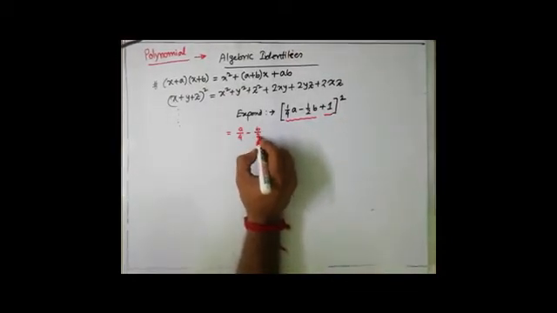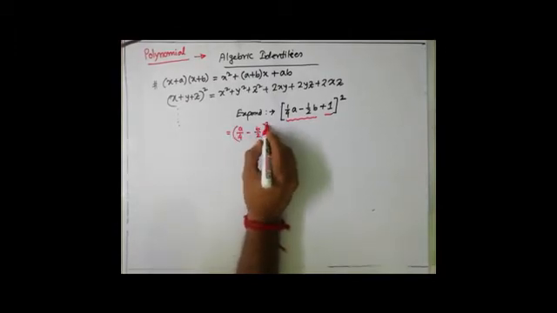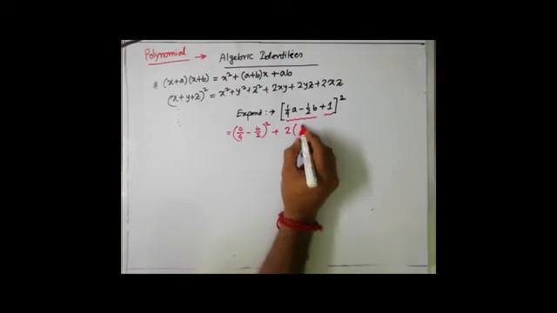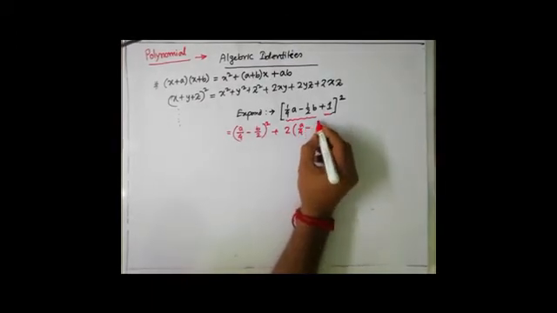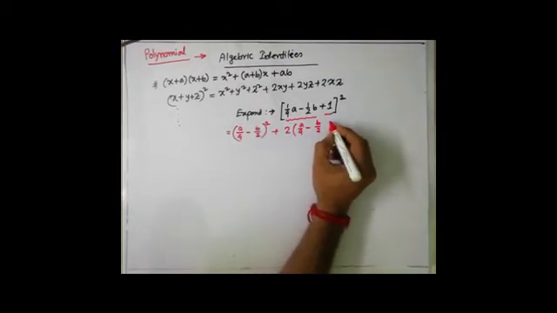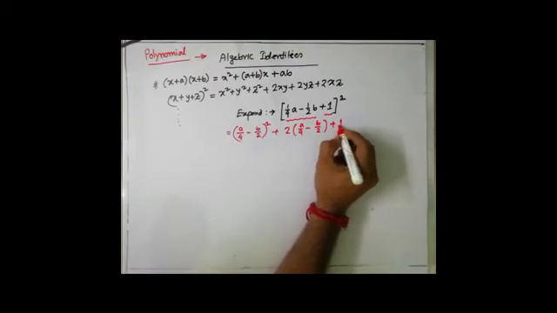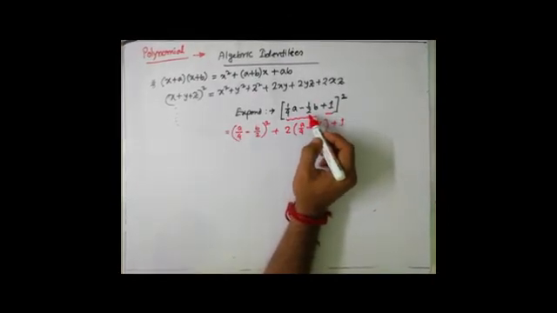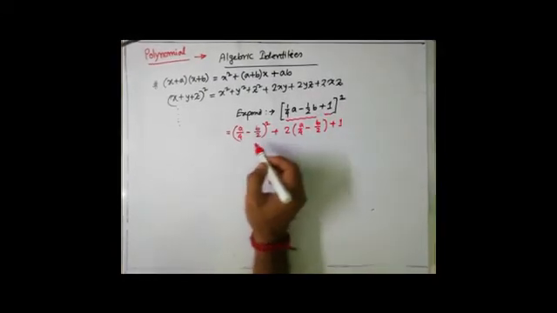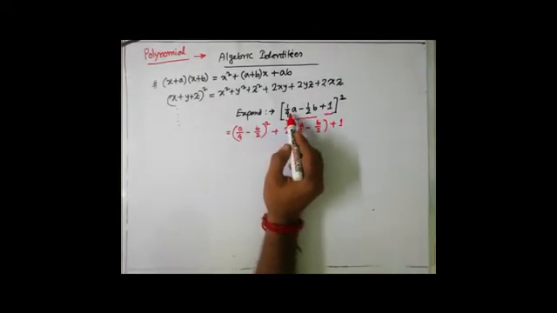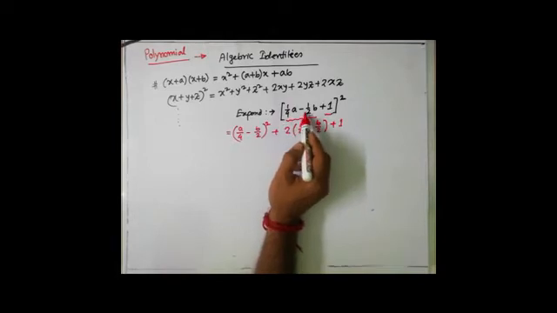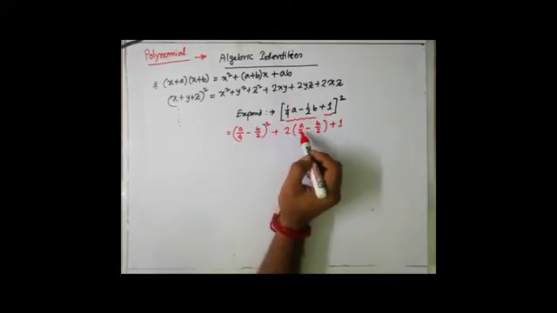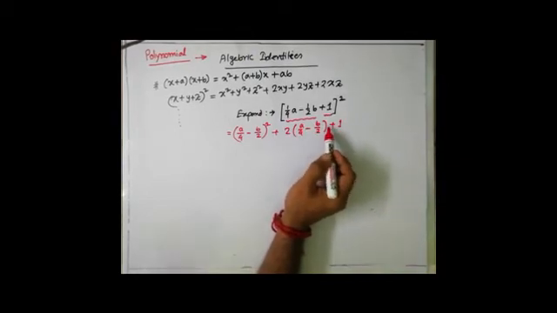I think it is very easy for you people to understand: 2 into (a by 4 minus b by 2 plus 1). It's (x plus y) whole square, so x square plus 2xy plus y square. So I have taken a by 4 minus b by 2 as the first term. So first term square plus 2 into first term into second term. Second term is 1.